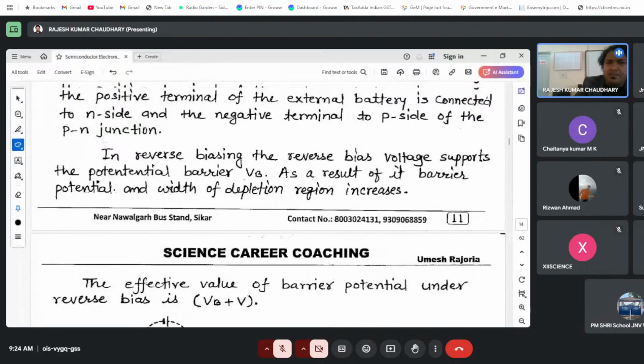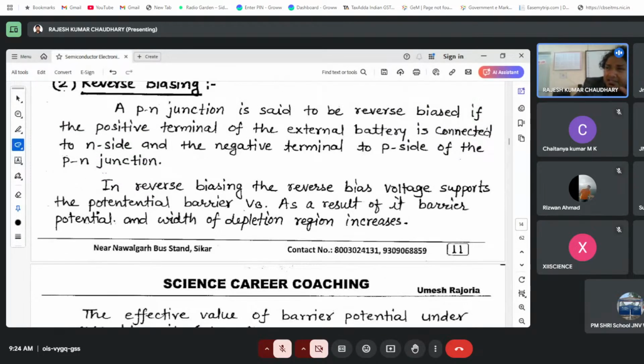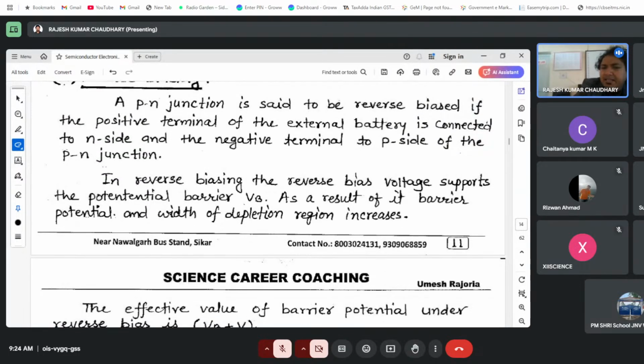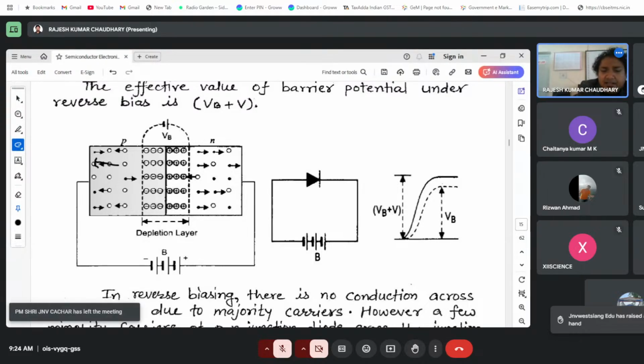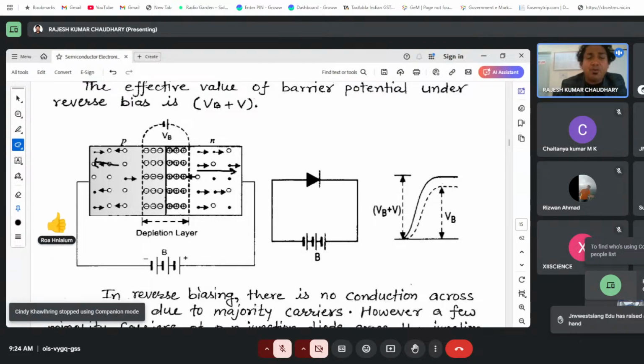Then we come to reverse bias. It's very simple. It is just the opposite of what? Forward bias. In reverse bias, we will connect negative to the P side and positive to the N side. Got it? And in this way, you can see that holes will be going away from the junction, and here electrons are again going away from the junction. So in this way, the potential barrier will be broadened.